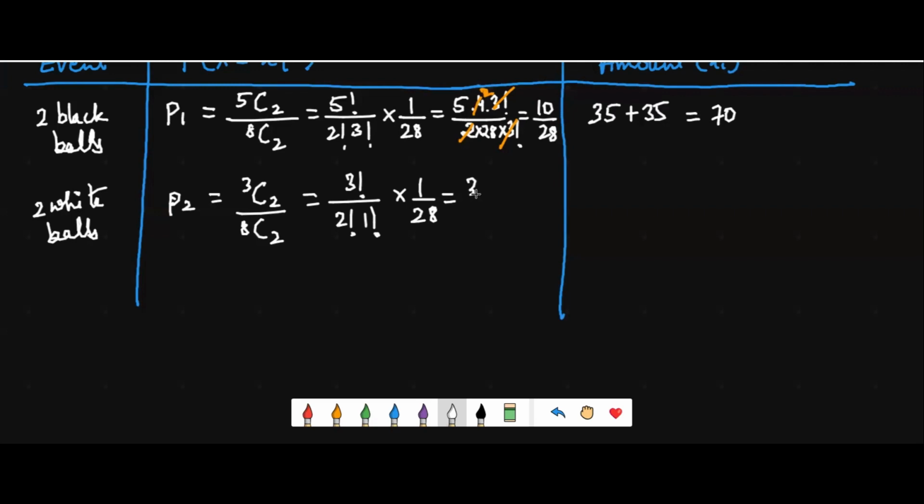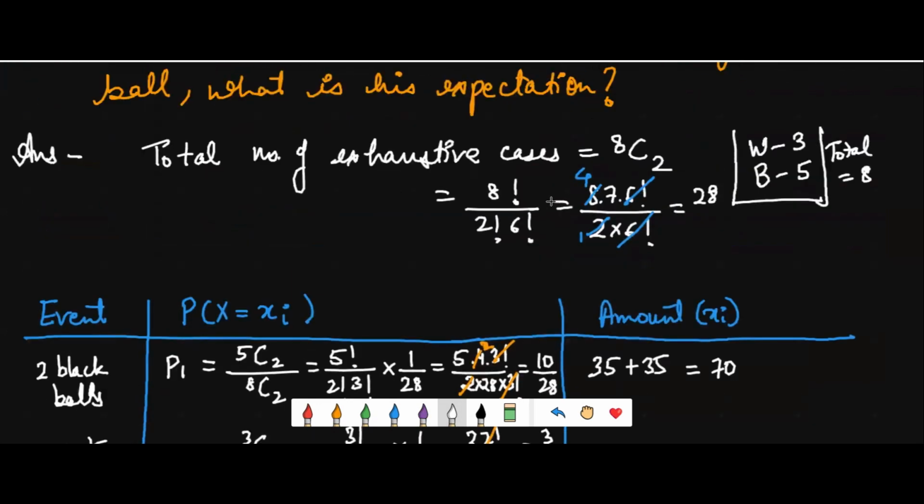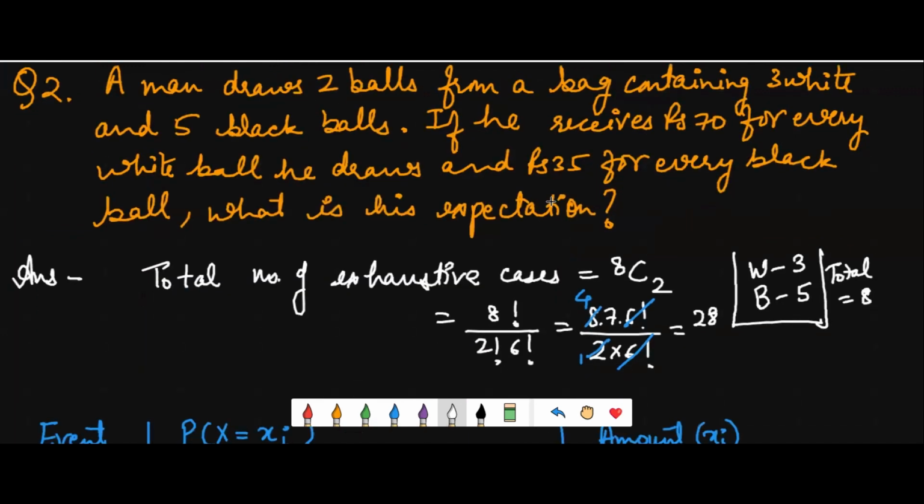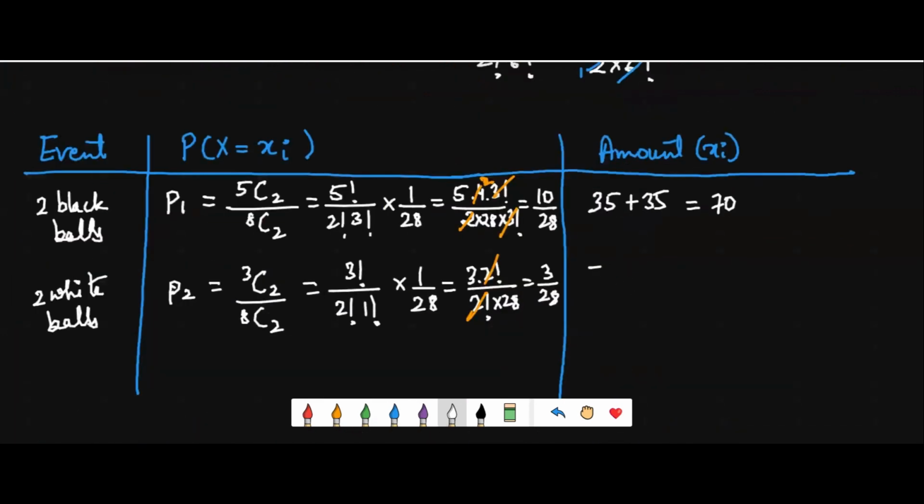So this is 3 into 2 factorial upon 2 factorial into 28. So this is 3 upon 28. Now on the white ball, I am receiving 70 rupees, so 70 plus 70, that is 140.